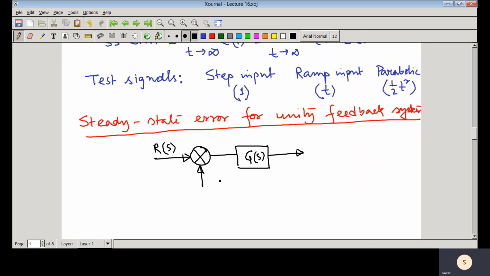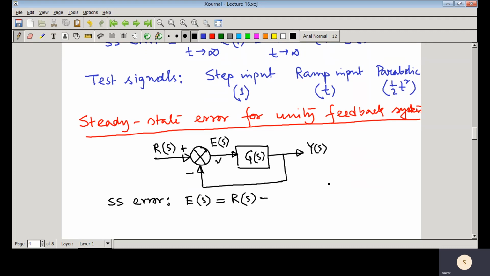Then if we take the unity feedback system, with minus and plus here, the error signal E(s) gives you the steady state error, because E(s), as we have defined, is actually R(s) minus Y(s), since R(s) is the Laplace transform of the reference command and Y(s) is the measured output.